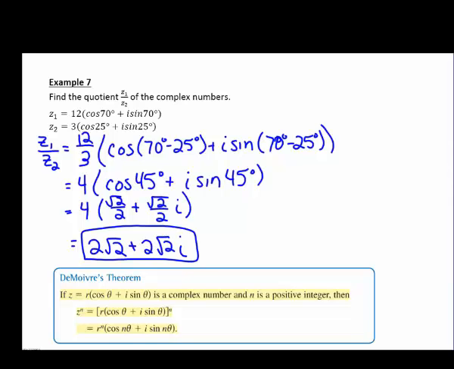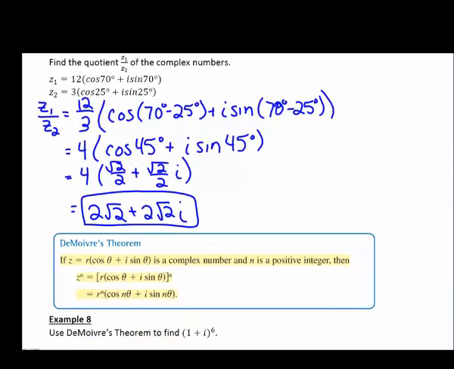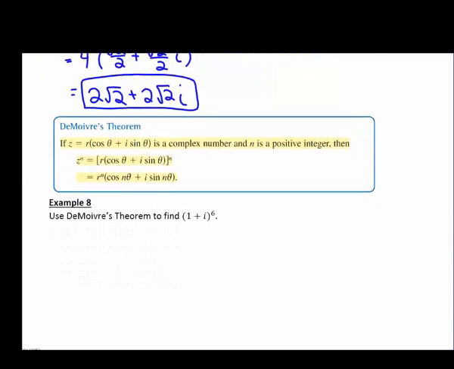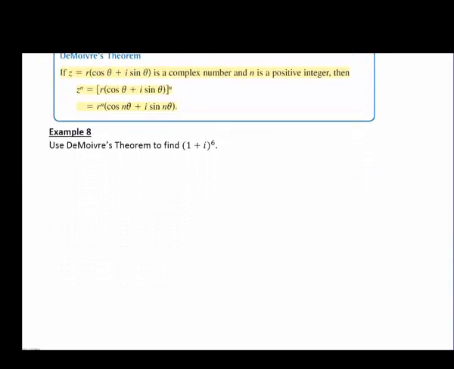All right, so the next thing we're going to do is determine what (1 plus i) to the 6th is. Now we could expand this by multiplying it all out, but we really don't need to do that. There's a simpler way. Okay, so the first thing we can do is find our r value. And that's just going to be the square root of 1 squared plus 1 squared. So that's just the square root of 2.